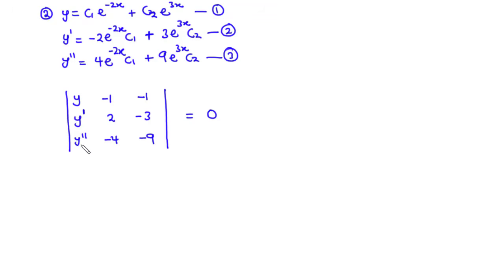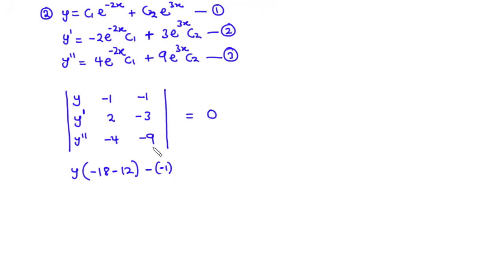So we select this value, we cancel out the row and column containing this value, and then we multiply negative 9 by 2, that is negative 18, minus negative 4 times negative 3, that is 12. So minus 12, minus, we select this value, we cancel out the row and column containing this value.